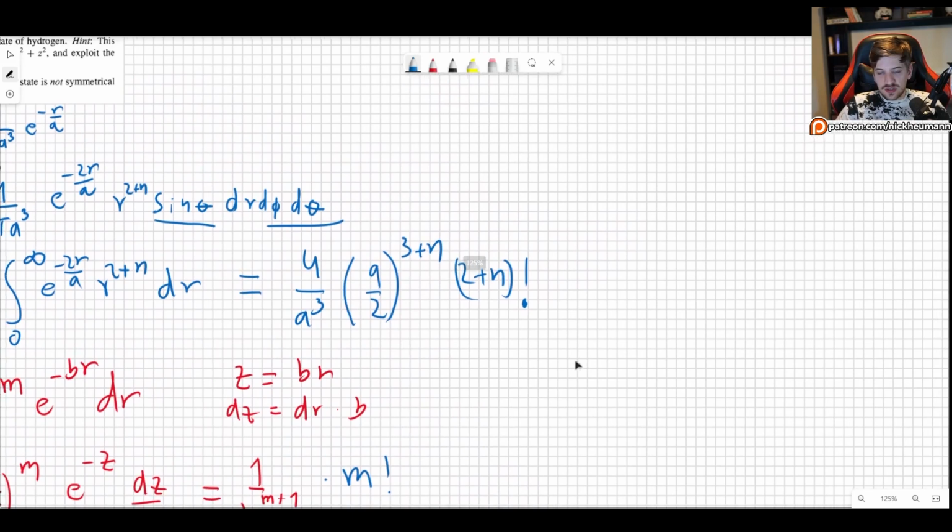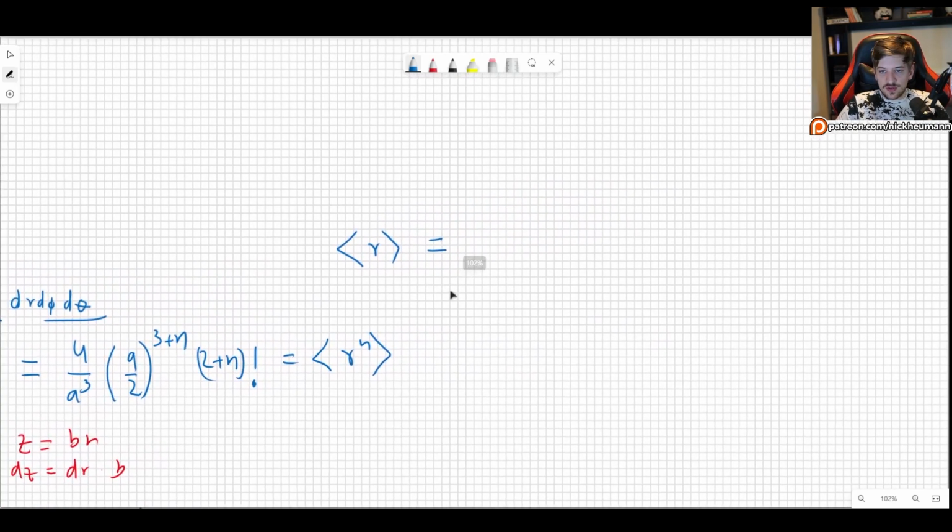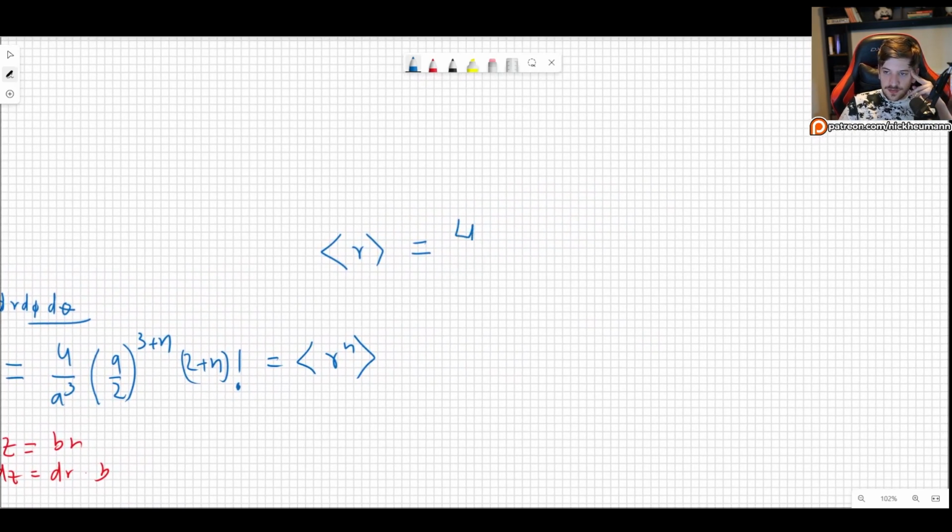Now, what about some particular cases? So now let's go for actually the 2 cases that we care about. So this is r to the n. Let's now calculate just r, the expectation value of r. So this would be 4 over a cubed times, and now we have n is 1. So we have a over 2 to the 4th times 3 factorial.